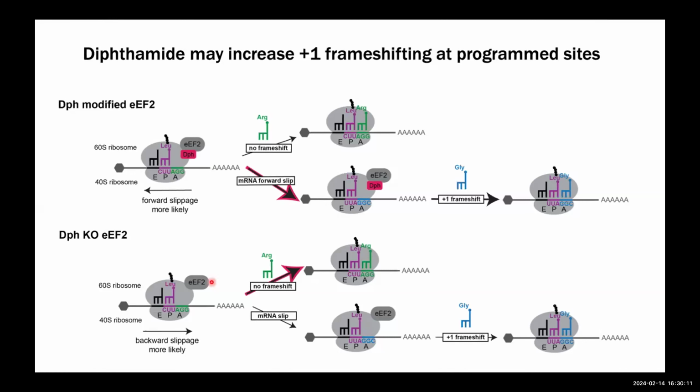So essentially what I think is maybe the +1 frameshift and the -1 frameshift are almost like at a tug of war with each other. And this can make it more likely that there will be a net overall 0 frameshift upon diphthamide deletion. And so overall, this suggests that diphthamide may actually increase +1 frameshifting as opposed to cells that don't have diphthamide.